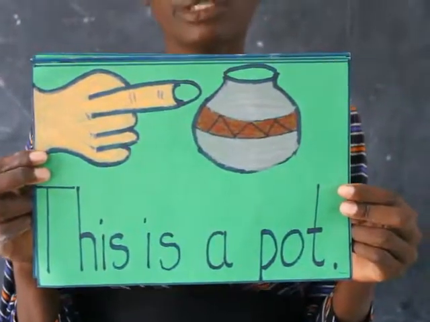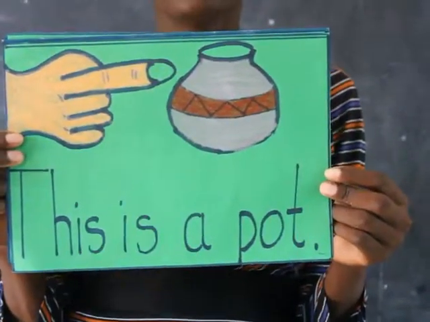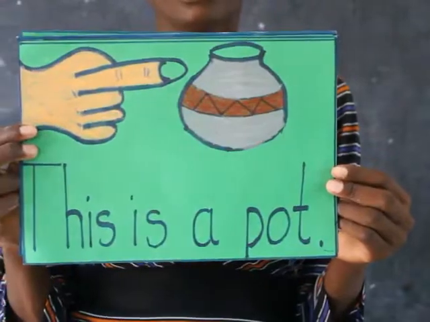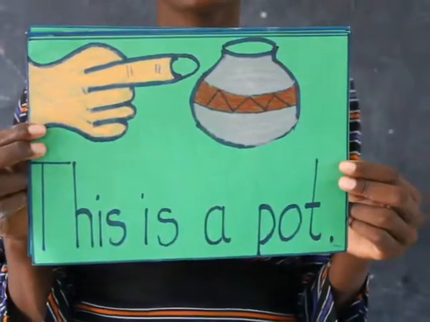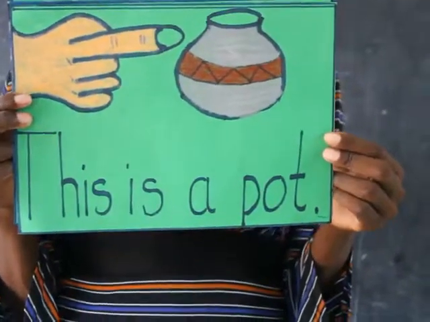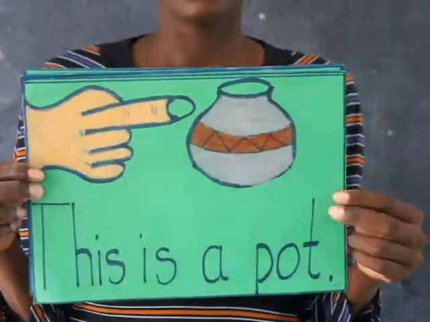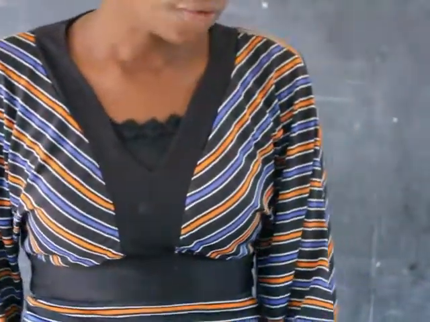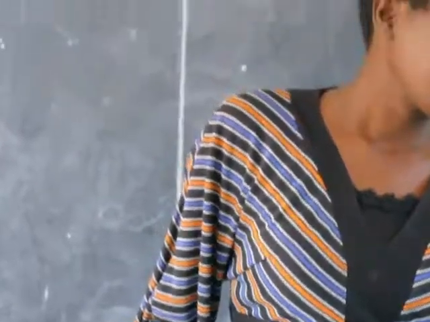It is having a small space between the finger and the pot. So it is near. So I still say this is a pot, even though the finger is not touching the picture.